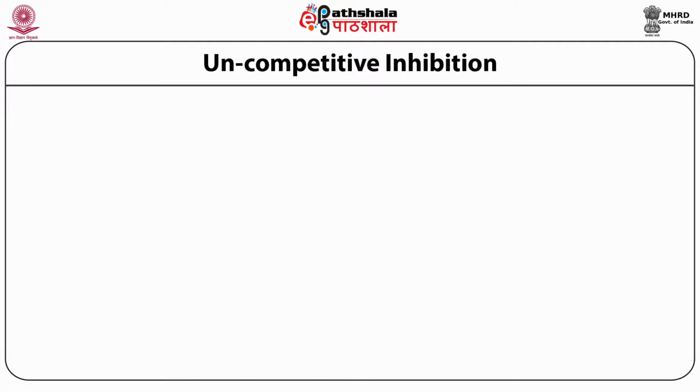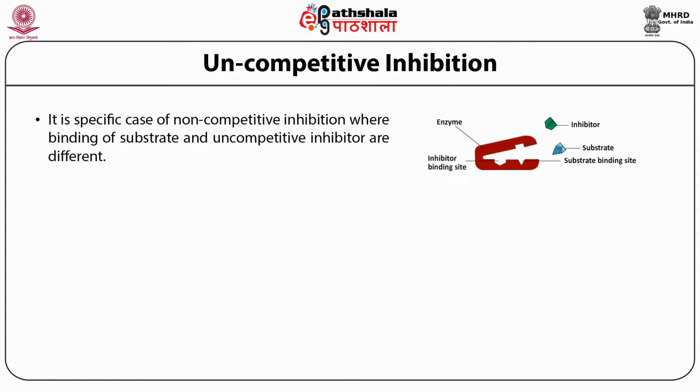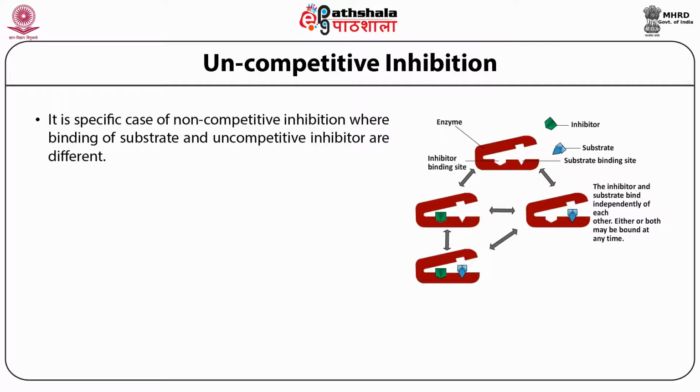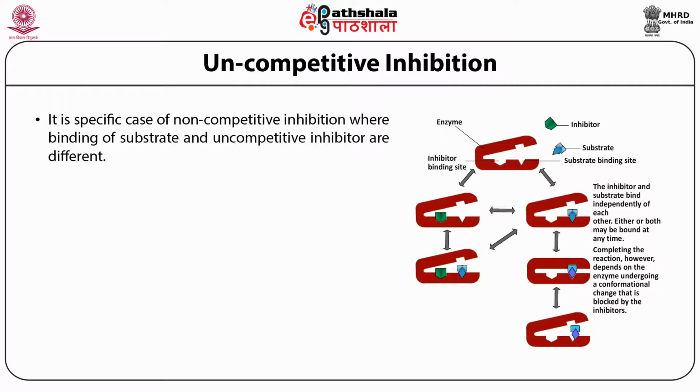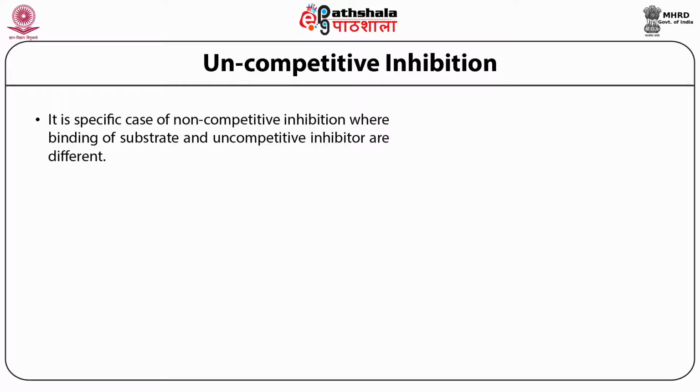After discussion of competitive and non-competitive inhibition, the third category is uncompetitive inhibition. The uncompetitive inhibitor is similar to the non-competitive inhibitor, but the difference is that an uncompetitive inhibitor will never bind to the free enzyme. It will only bind to the ES complex.